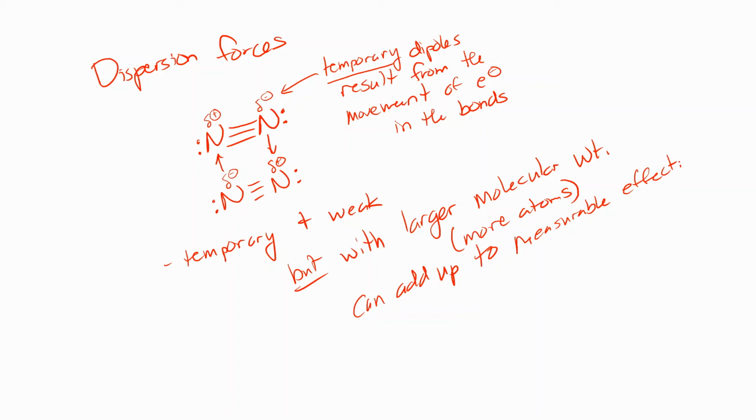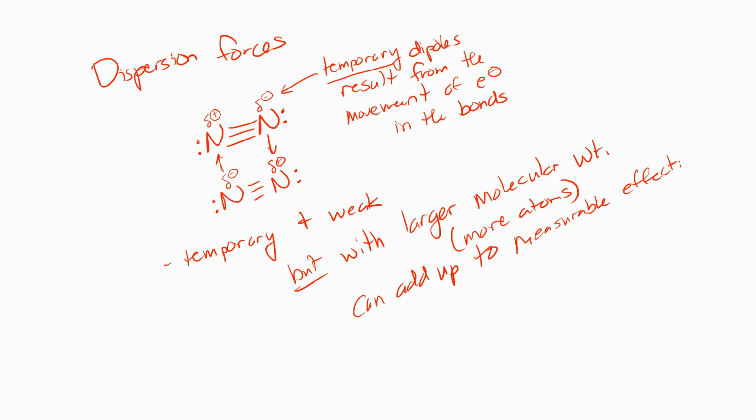But the more atoms we have in a molecule, these things start to add up. Right? And so the example that we always use is if you think of methane. So methane is CH4. Right? Methane is always a gas, at room temperature and pressure, methane is a gas, right? So there's not a whole lot of molecular weight there. There aren't any really polar bonds.